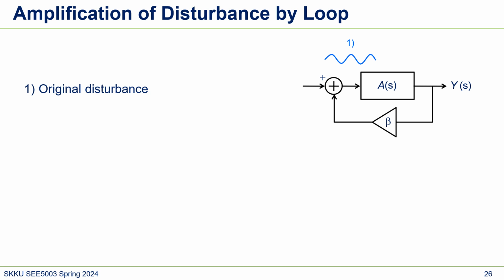So we have the original disturbance here, and the second one will be amplified by the loop gain.